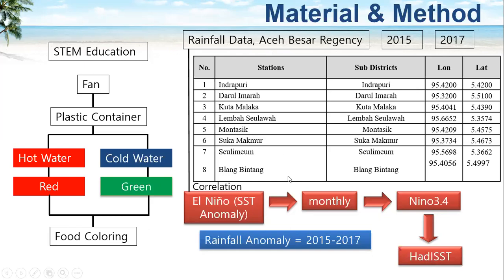Okay, so for rainfall anomaly, we could find it from the deviation between 2015 and 2017. So it is very simple, right?